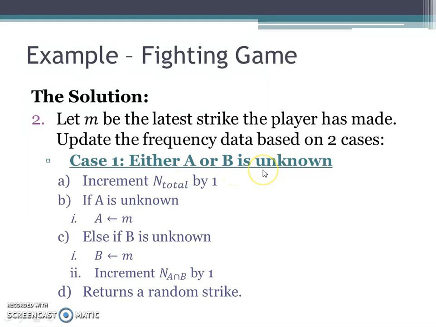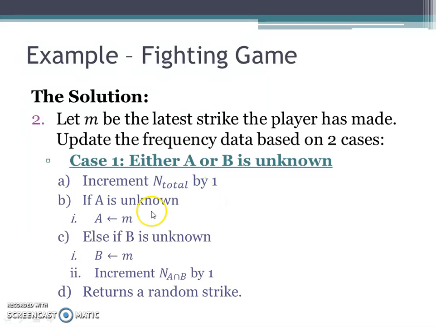So in this case, how do we update our frequency data? What we do is we first increment n total by 1, because we have already obtained a new strike from the player, so that should increment the n total by 1.